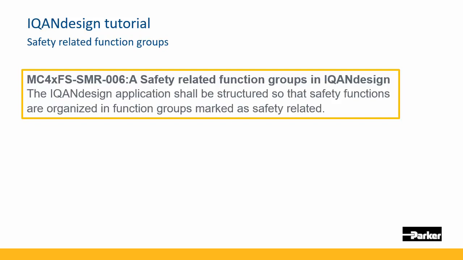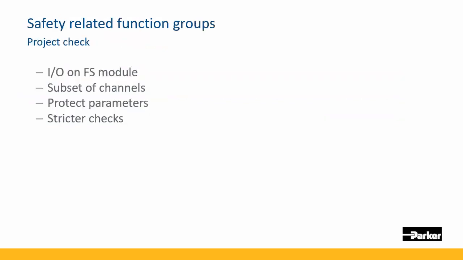What this does is that it doesn't change the runtime execution of things, but it brings you some stricter checks to help guide you to make a good safety related application software. So it helps in making safer applications. And some things that it does, it checks how the I/O is used on the FS module, or that it is on an FS module.